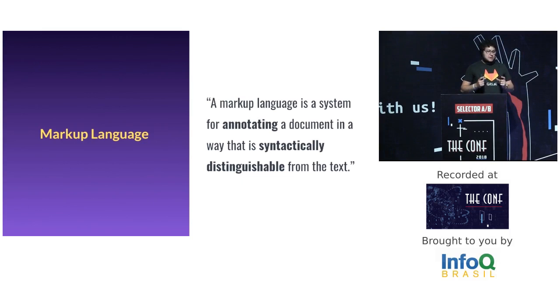When you add a specific annotation there with a URL to an image, that annotation tells the program that is reading that document that, instead of just displaying the URL itself, it should render an image. So a markup language is usually targeted to an application and to be processed by an application.